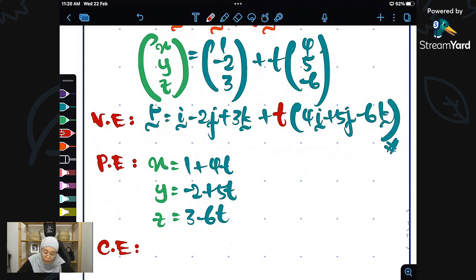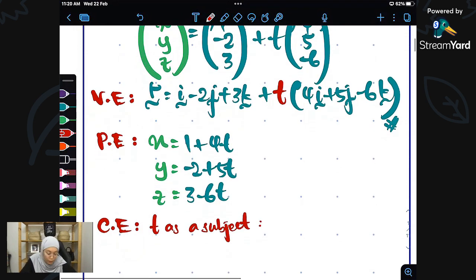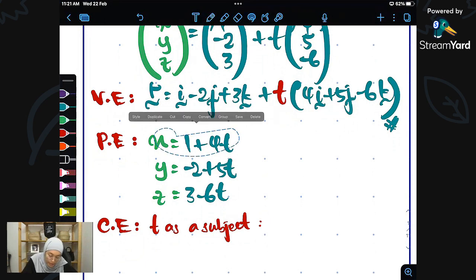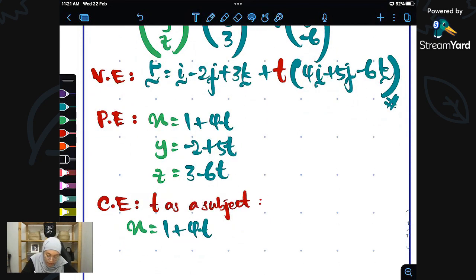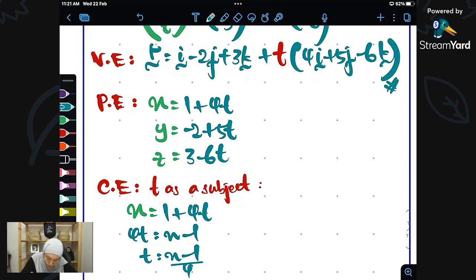How about Cartesian equation? Cartesian equation is also easy. All you gotta do is just make T the subject. Jadikan T sebagai subjek, iaitu daripada sini X bersamaan dengan 1 plus 4T tu kan, you jadikan 4T sebagai subjek, you will get X minus 1, therefore T is equals to X minus 1 over 4.